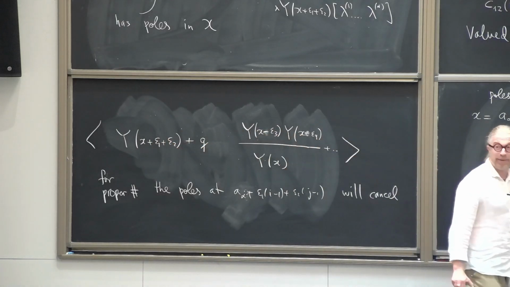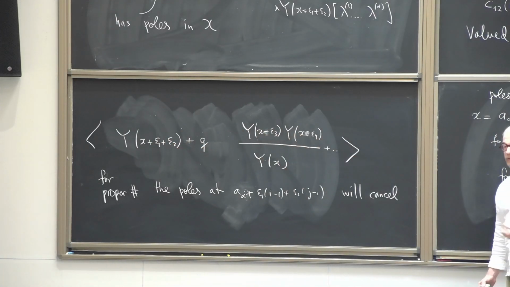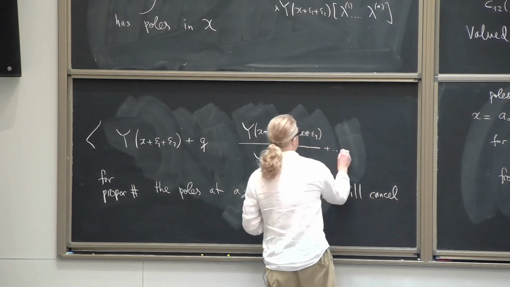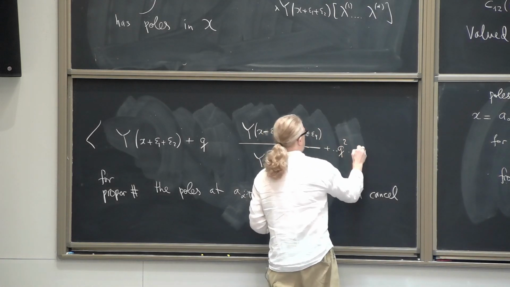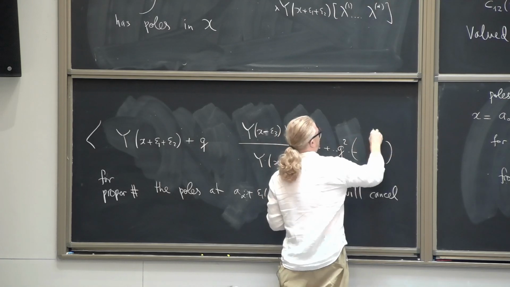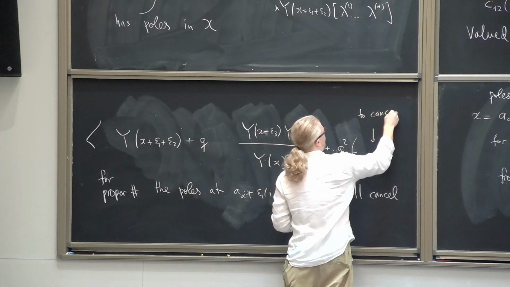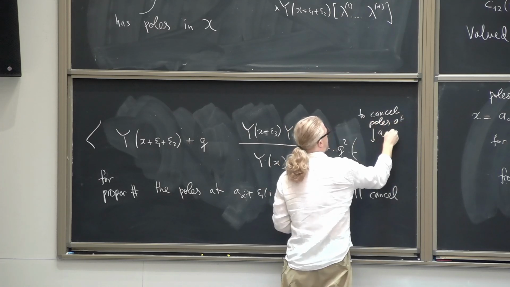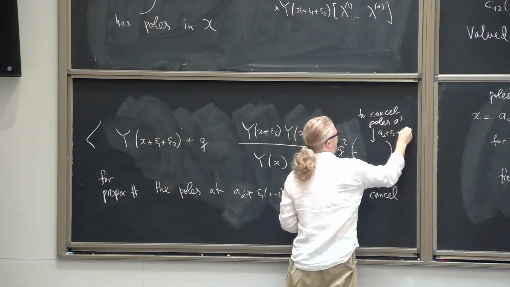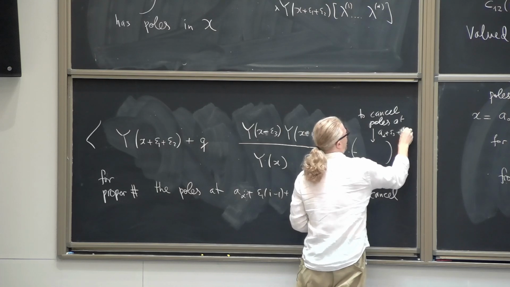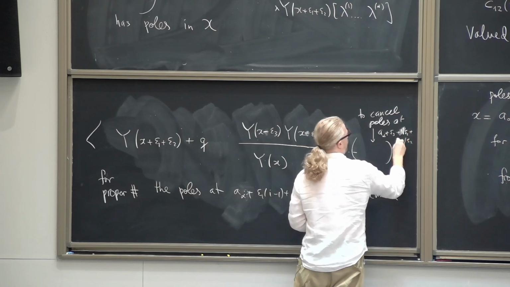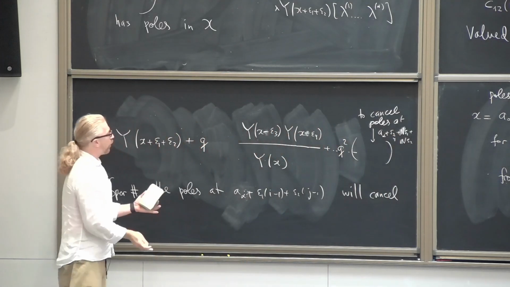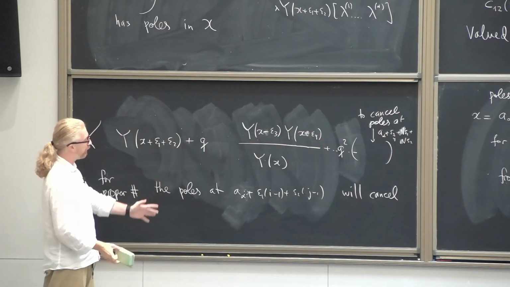So the epsilon 3 and epsilon 4, which we didn't use before, we didn't take them seriously, now they want to be taken seriously. And so we need to add more terms to cancel poles at A alpha plus epsilon 3, and also epsilon 4. And so begins a story where you see a proliferation of poles.